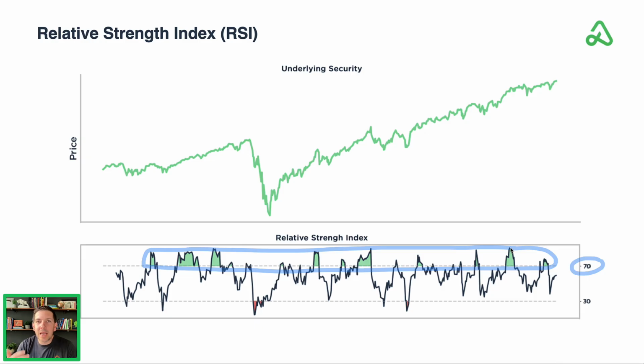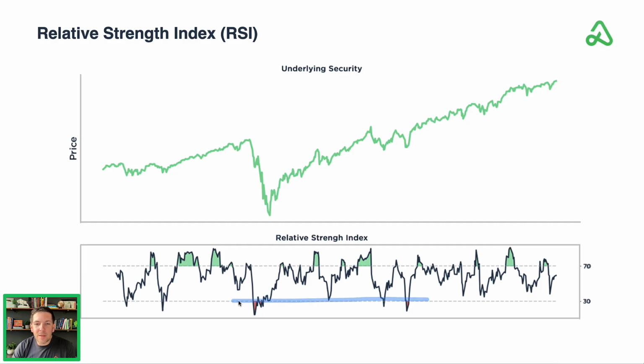It just means the pace at which it's moving higher is too fast. It means it's going to start to slow down or turn over or start to move sideways. Likewise, if you look at the 30 reading, it means that things have gotten really, really oversold very, very fast. And so it means that it might be coming to an end, or at least the pace at which it's moving down might start to decelerate, not move down as quickly.